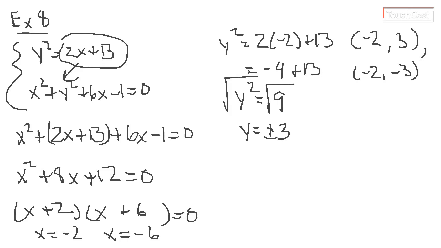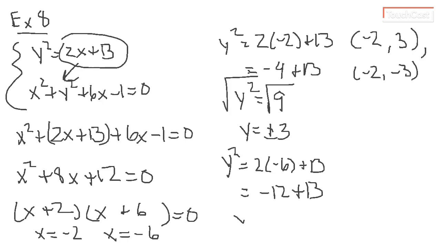But we're not done. We're going to now put negative 6 in for x. So y squared is going to equal 2 times negative 6 plus 13. Well, 2 times negative 6 is negative 12. If I add 13 to that, that means y squared is going to equal 1.